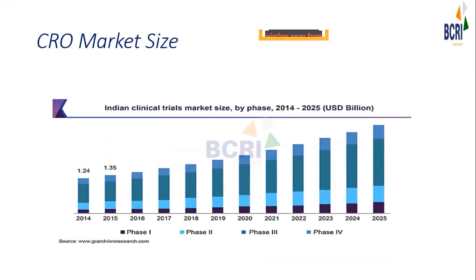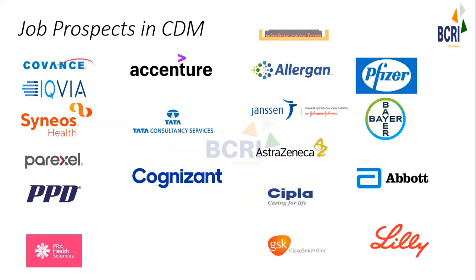Let me tell you something about the companies who are involved. As you can see, these are the various companies present across India, across Karnataka and Bangalore itself. Pfizer has opened in Chennai. There is Eli Lilly, GSK, Novo Nordisk, AstraZeneca. All these companies exist in Bangalore. In Bangalore we have Accenture.